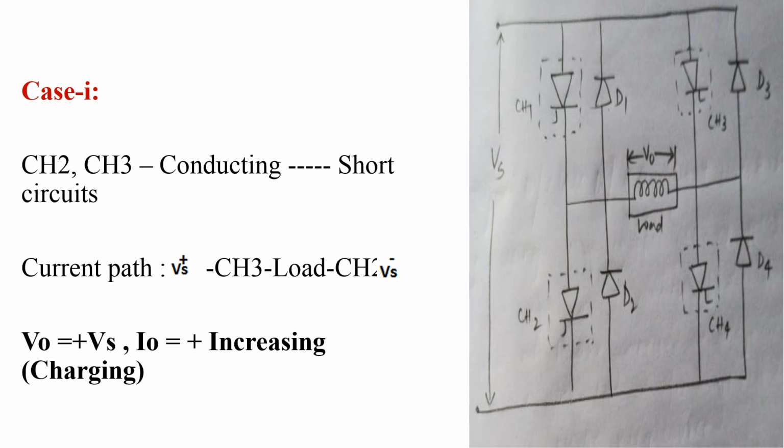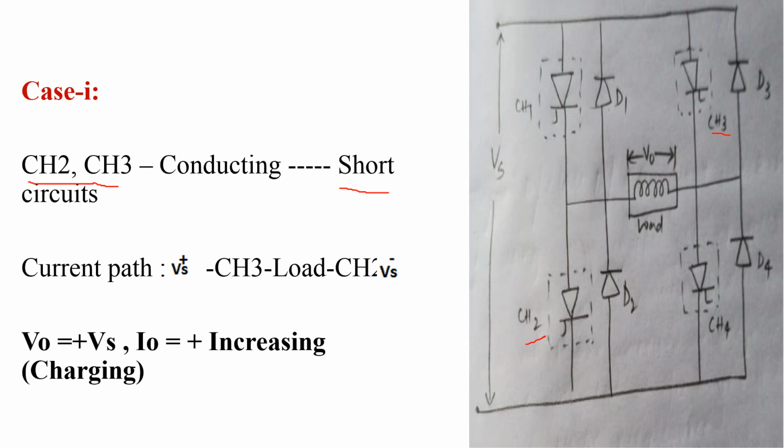In first case, consider choppers CH2 and CH3. Choppers CH3 and CH2 are in conducting state, and all remaining choppers and diodes are in non-conducting state. Means CH2 and CH3 act as a short circuit, all remaining act as an open circuit, and there is a path for current from source to load.